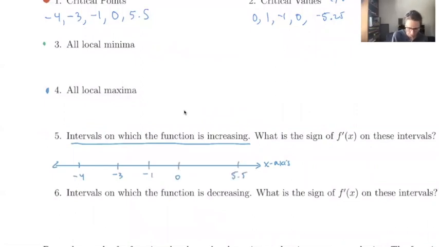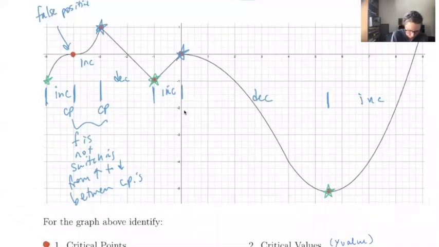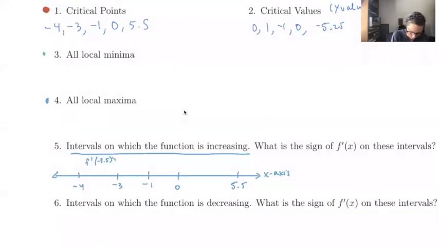And then we can just ask ourselves, what is F prime doing at any X value I want? You can pick your favorite X value in between -4 and -3. So maybe -3.5. And we can say, at -3.5, the tangent slope is positive. So F prime is positive. And therefore, you know your function has to be increasing on that interval.